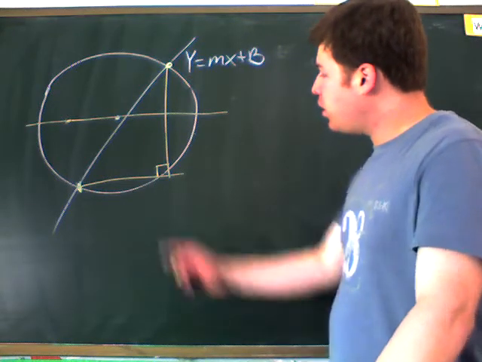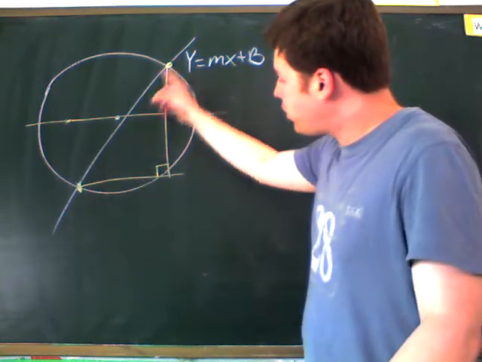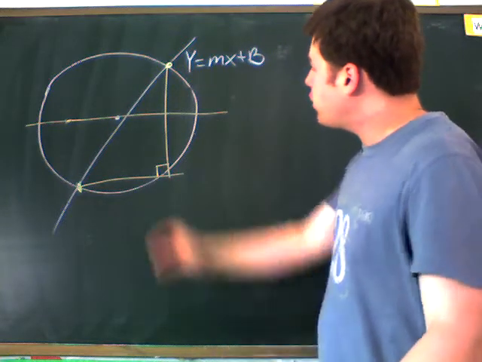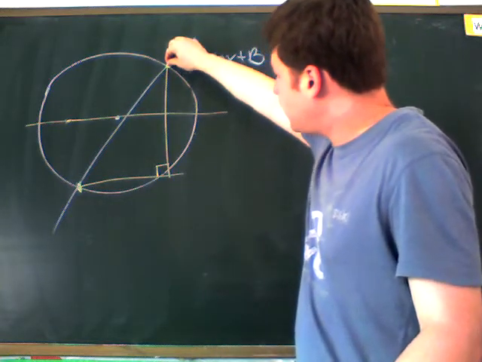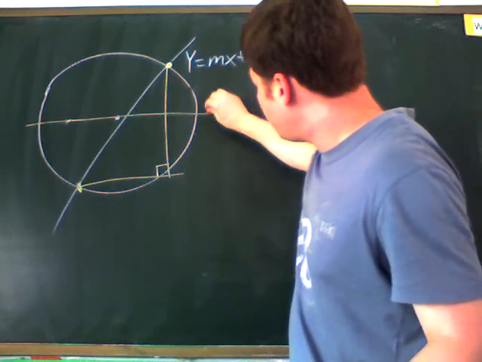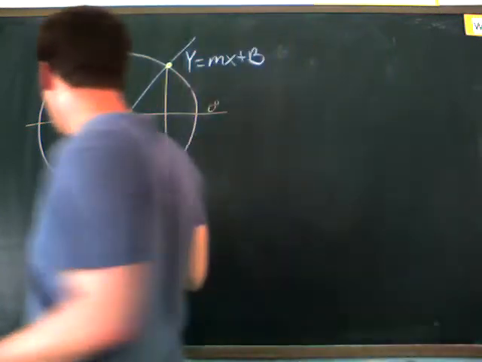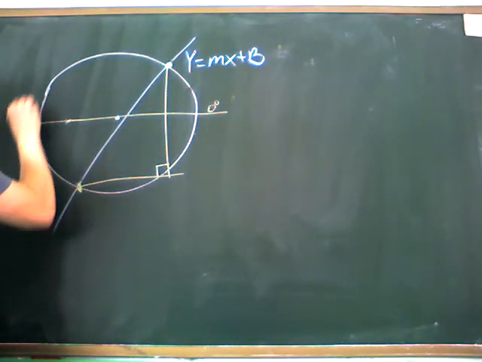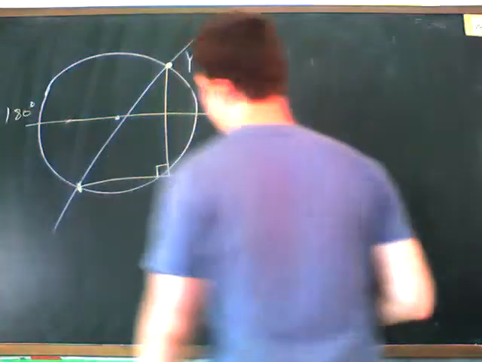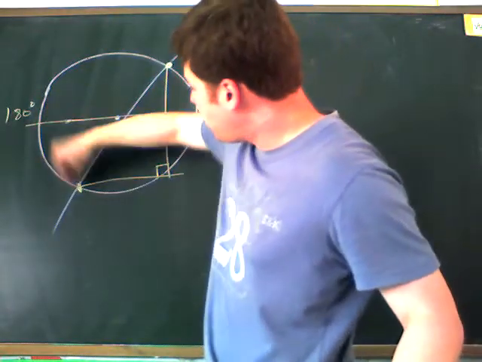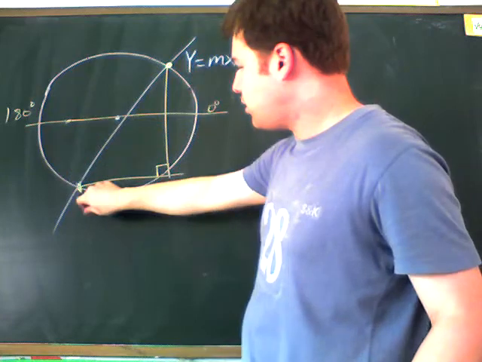So we've got two points here. Obviously, this top half of the circle is going to be 0 degrees through 180 degrees. And this is going to be the same line.